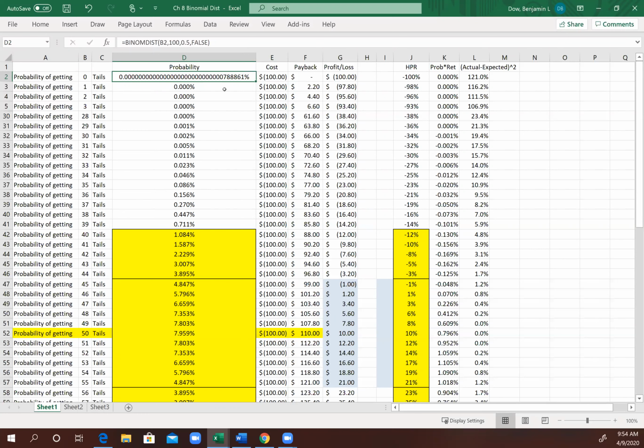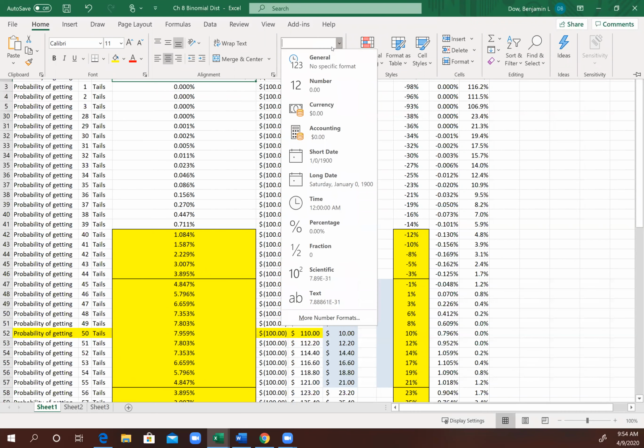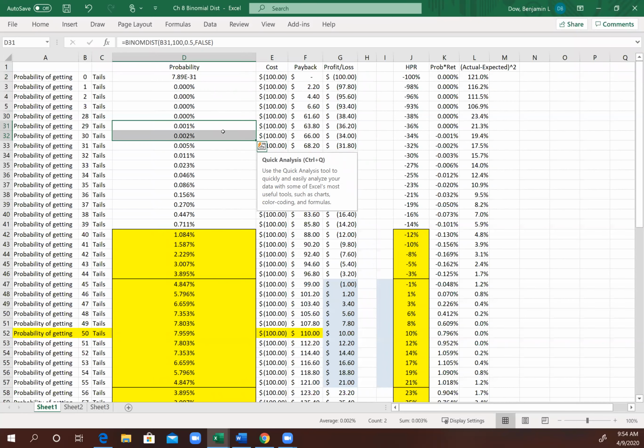So if you throw up 100 coins, is it possible they'll all land on heads and you'll have no tails? Yes, but that probability is like 1 in 25 quadrillion. I don't even know what the number is. Okay, it's 7.89 times e to the negative 31. Okay, so whatever quadrillion that is, it's essentially 0.